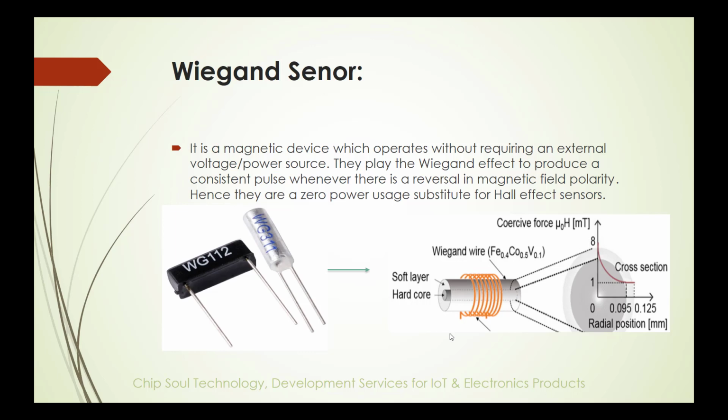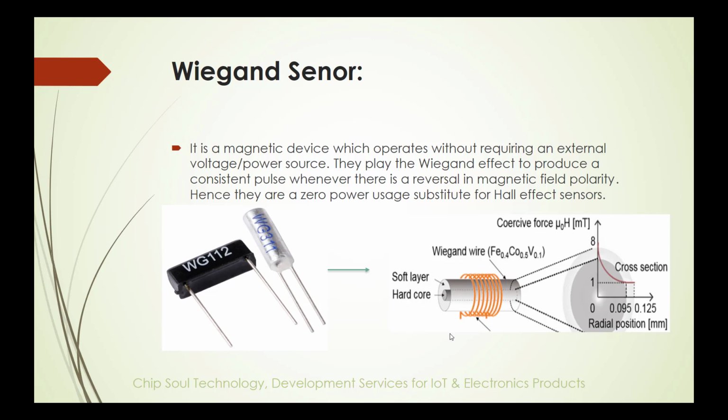This is because whenever you use the Hall effect sensor in your circuit, it will consume a lot of power. Personally, whenever I used the Hall effect sensor, it consumed more than 2 milliampere current. So in low power devices we can't use the Hall effect sensor. Instead, whenever you use the Wiegand sensor, it is very efficient in low power consumption.